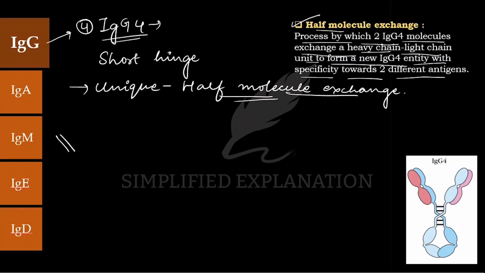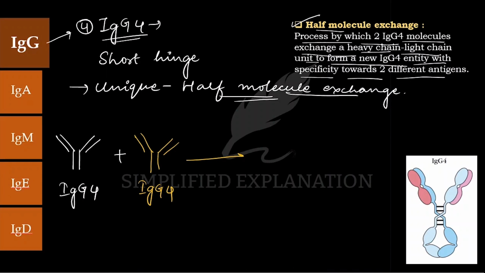Suppose this is one IgG4 molecule, and it will undergo half molecule exchange with another IgG4 molecule. So this is another IgG4 molecule, and now they will undergo half molecule exchange.